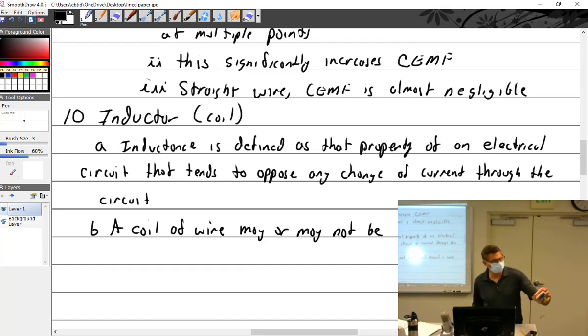Like I built this little thing right here. Well, that's a coil. It's an inductor. Is it wound around a core? No, it's wound around plastic with a magnet inside. So no core, coreless.